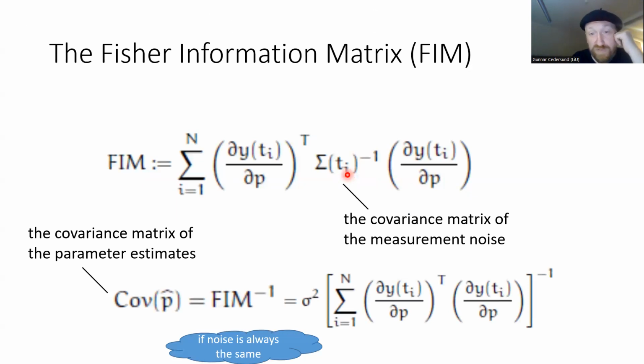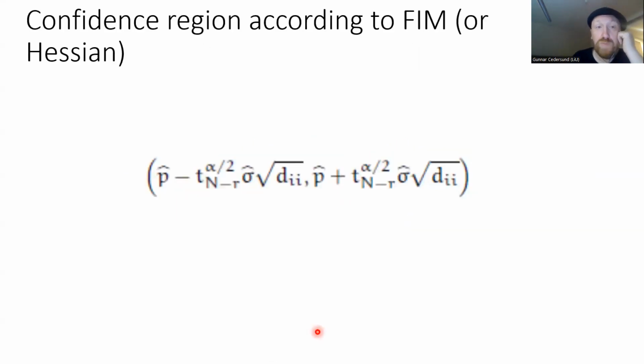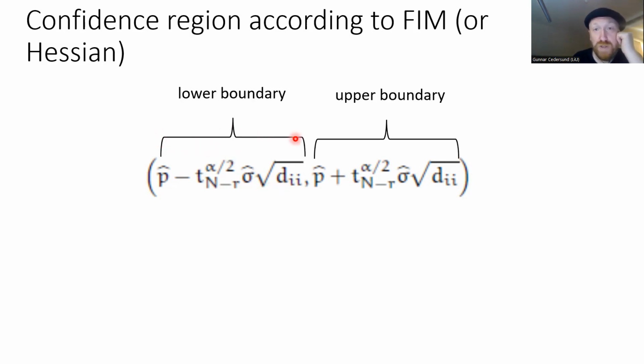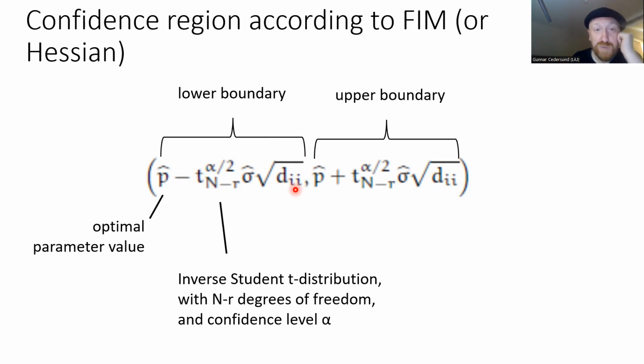So you can go from this formula here to another formula here where the estimated parameter that we got out from the optimization is within the confidence region. So here we have the lower boundary and this is the upper boundary. So we just need to calculate this value here, and this is just the optimal value that we got. This is just a statistical distribution called the inverse student t-distribution.